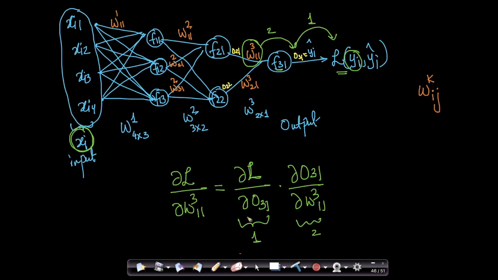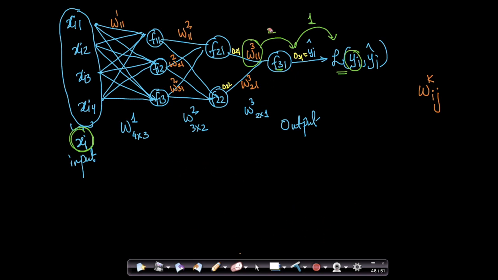Similarly, now let's go back to the diagram. I'll erase this, and I'll also erase this notation here. Now I want to look at W321.